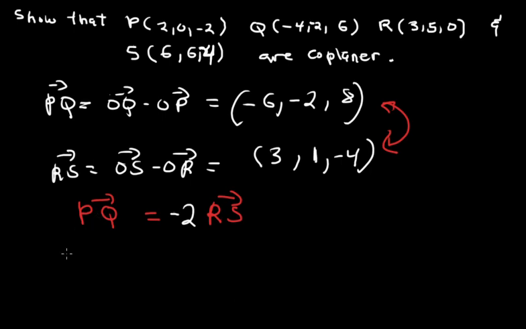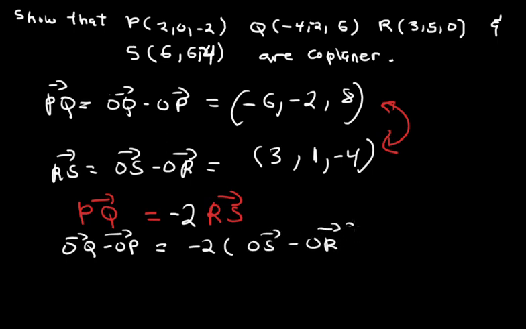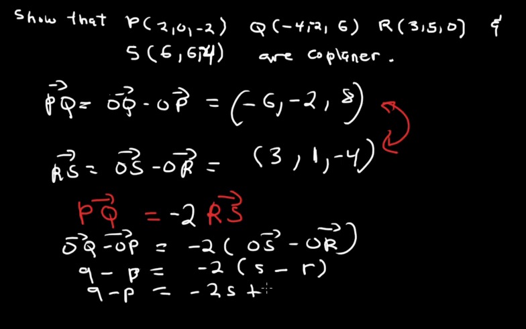So what I'm trying to say is that instead of writing OQ minus OP being equal to -2 times OS minus OR, we represent OQ by the vector Q, and the same for OP, and similarly for RS also. I think my synonyms are far today. Now simplifying this, we have Q minus P equal to -2S plus 2R.